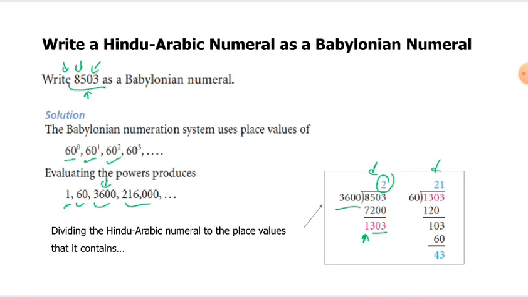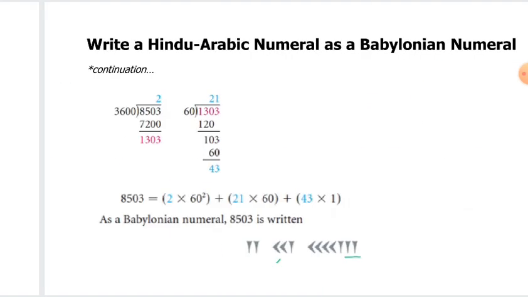Now, 1,303, we can use 60 now as the next divisor. So we will be getting 21 60s here. Still a remainder of 43. That's the ones. We can only use the ones to divide that. So this means that there are two 3,600s, 21 60s, and 43 ones in the Hindu-Arabic numeral 8,503.